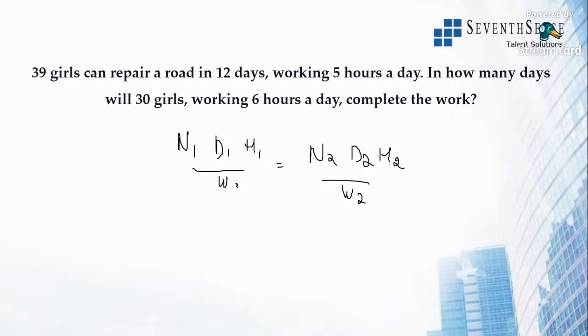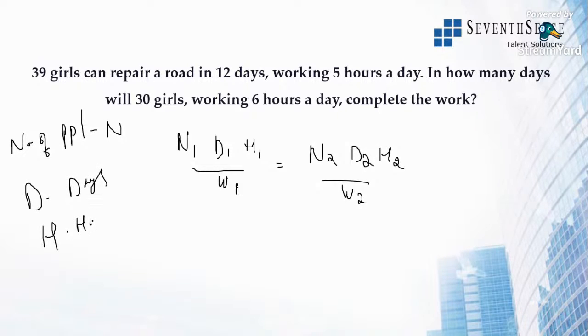That's why W1 and W2 are work. N is the number of people, D is the days, H is hours, and W is work done, the amount of work done. Since repairing a road is just given, it's an unknown value. W1 and W2 will be the same, so it is cancelled.